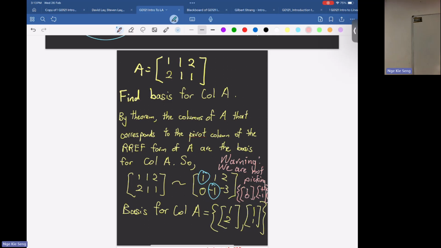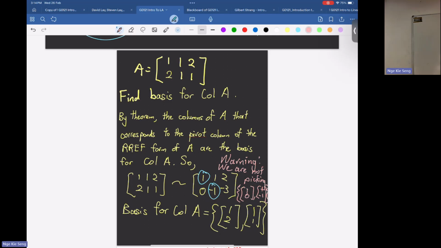It is not, because the space spanned by these two sets of vectors might not be the same. Does it make sense? You need to go back to your original matrix and then pick the columns. You cannot pick the ones that are row reduced. They are not equivalent. The subspace might not be equivalent. Okay, does it make sense?